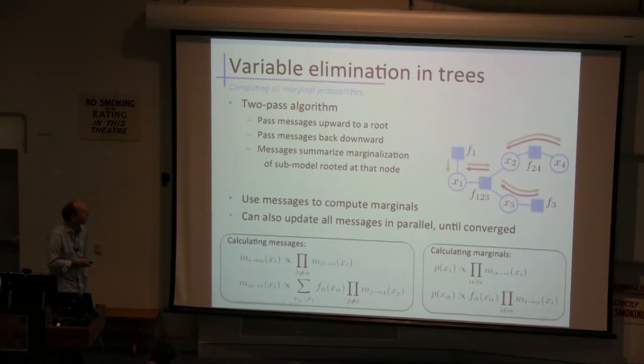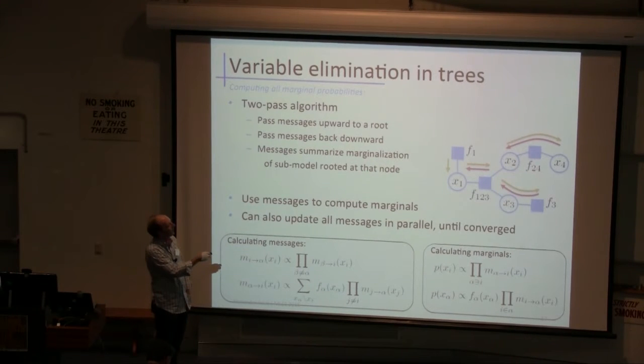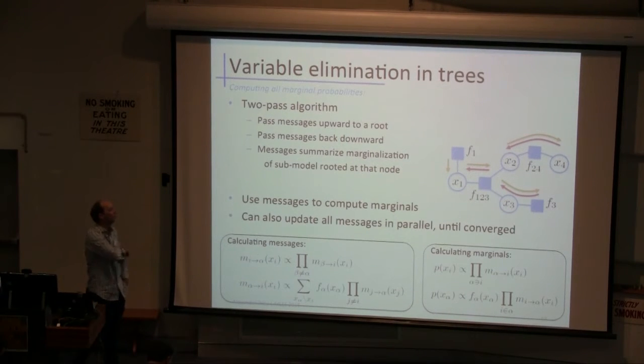And so what will happen if we calculate it like that is, at the first iteration, we initialize the messages to something. None of the messages will be correct except for the leaves. At the first iteration, the leaves will correctly calculate their messages to their neighbors. And at the second iteration, their neighbors will be correctly calculated, and so on.